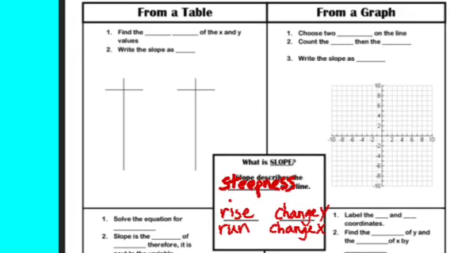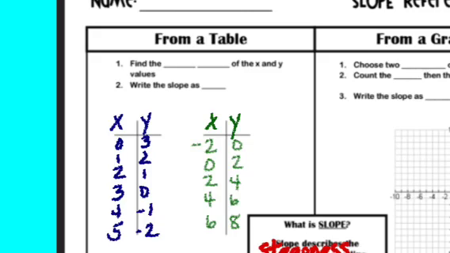Let's move this down here and focus on how do we find slope from a table. So we need to find the constant change of the x and y values.